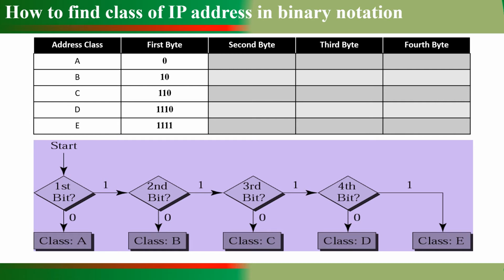If it is 0, then address belongs to class B. If it is 1, then we are going to check third bit. If it is 0, then it means address is of class C. If it is 1, then we will check fourth bit. If it is 0, then it means address belongs to class D. But if it is 1, then address belongs to class E.